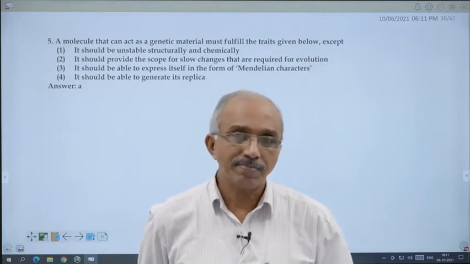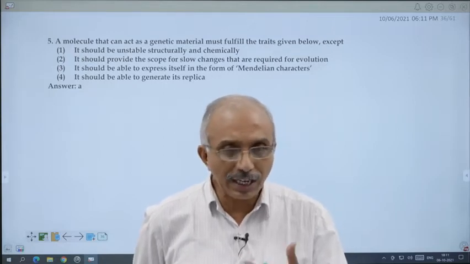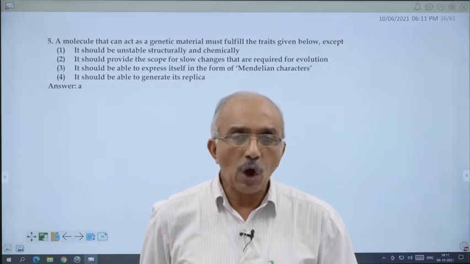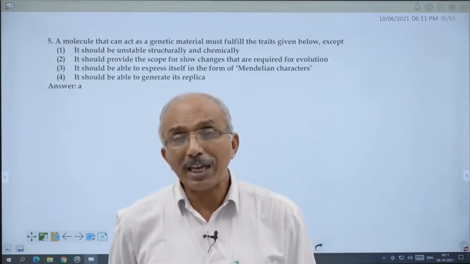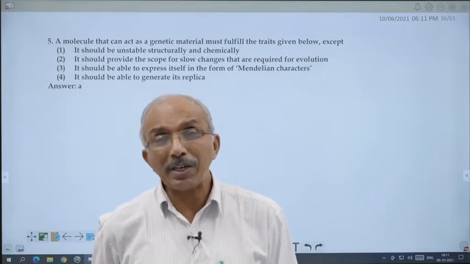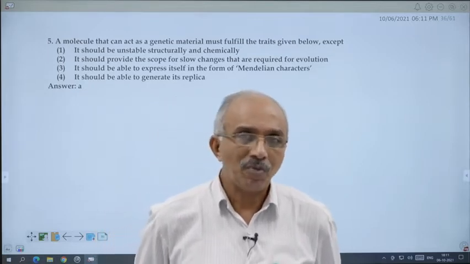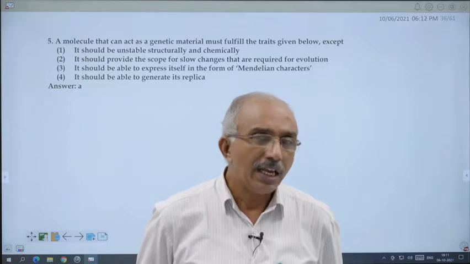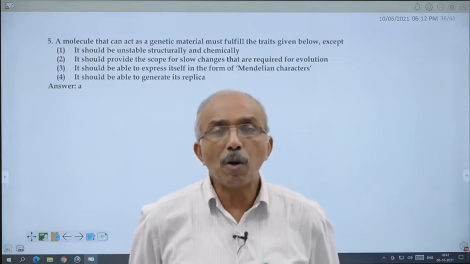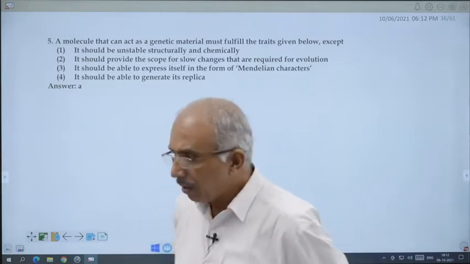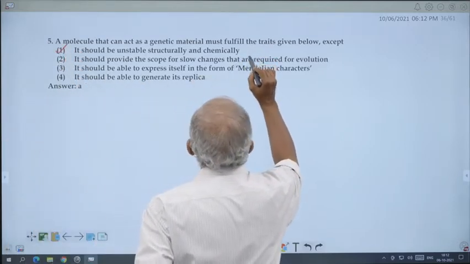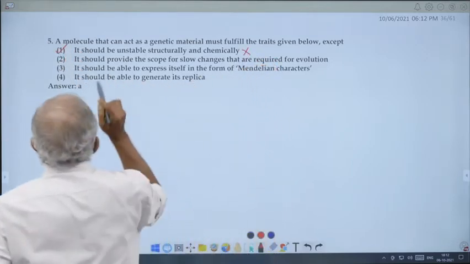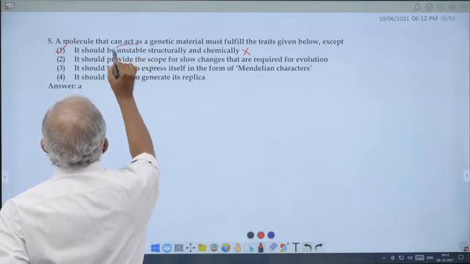The options given are the properties of genetic material we expect. Which one is not a property of a genetic material? The first one itself is wrong. It should be unstable is wrong.